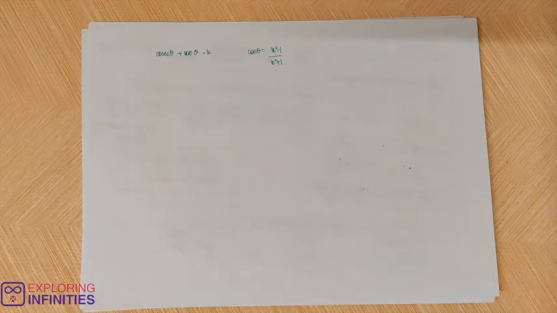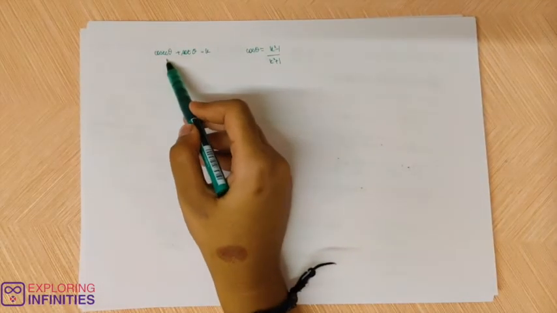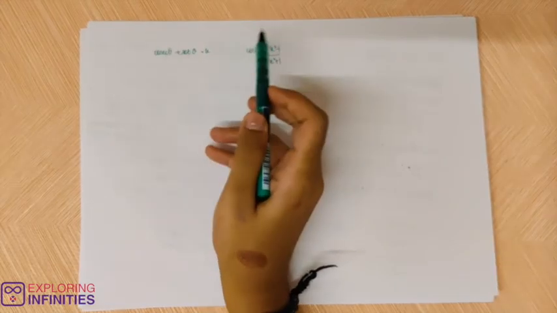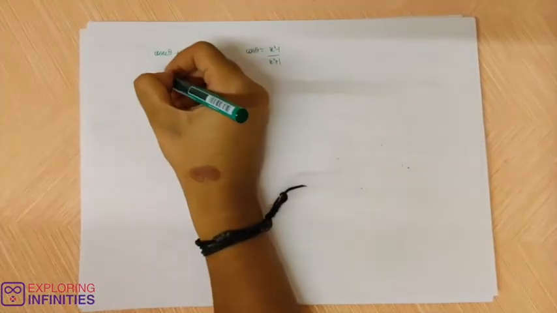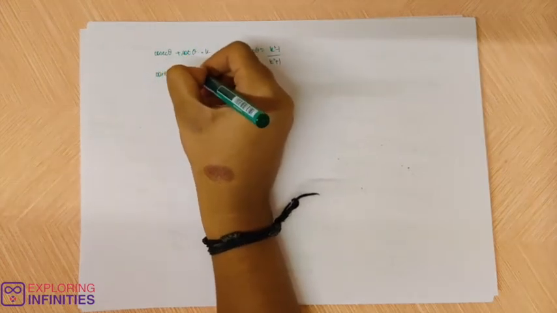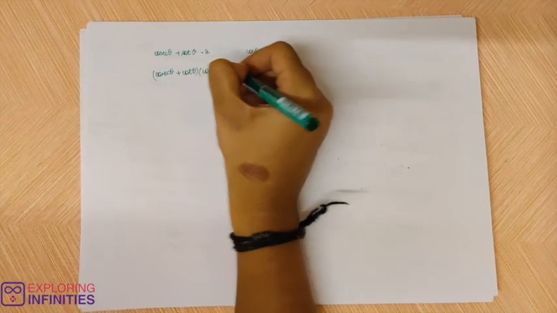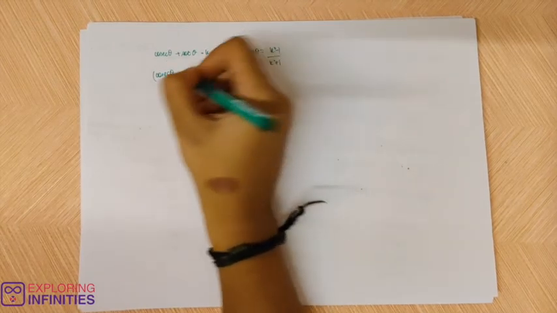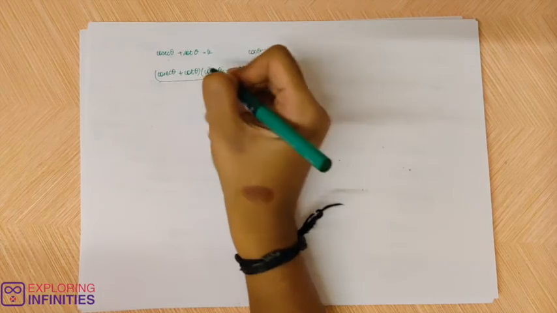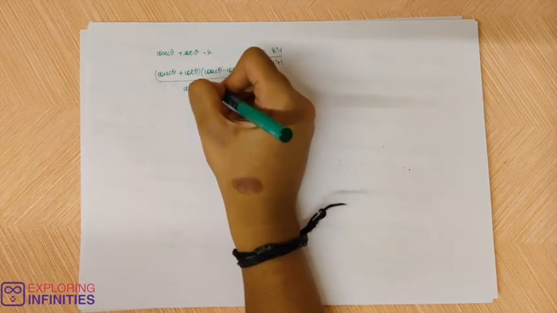Now I'll multiply this with cosecant theta minus cot theta in numerator and denominator. Cosecant theta plus cot theta into cosecant theta minus cot theta by cosecant theta minus cot theta.